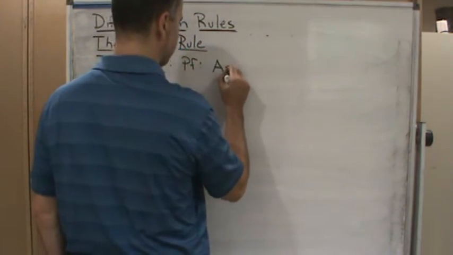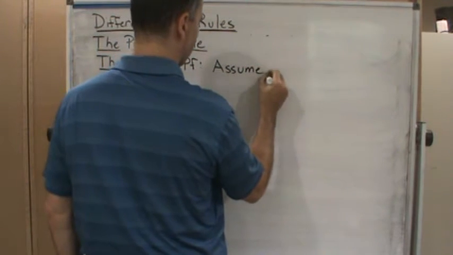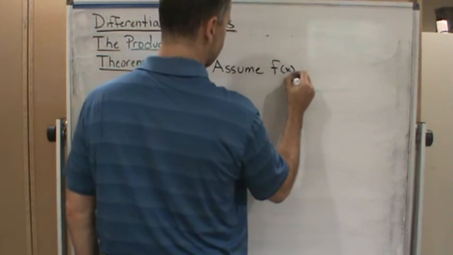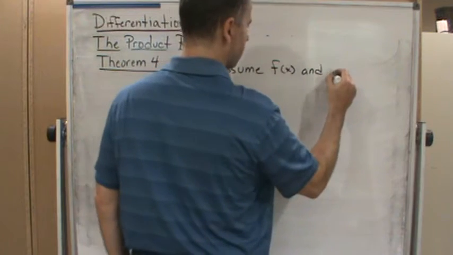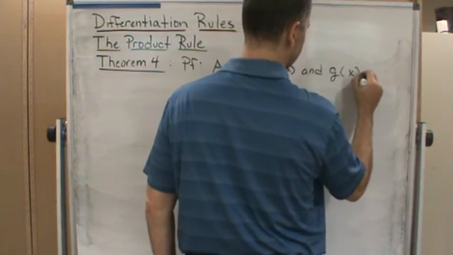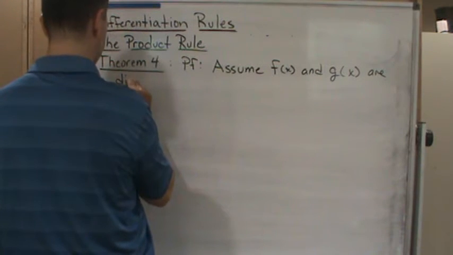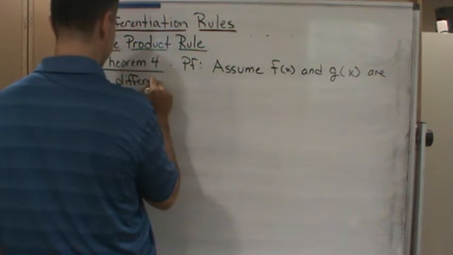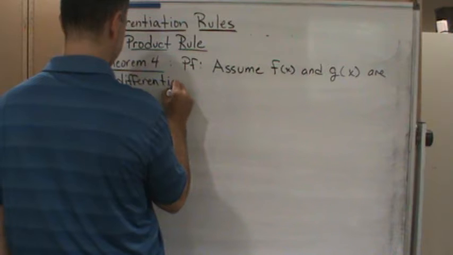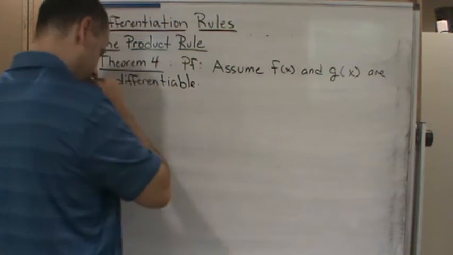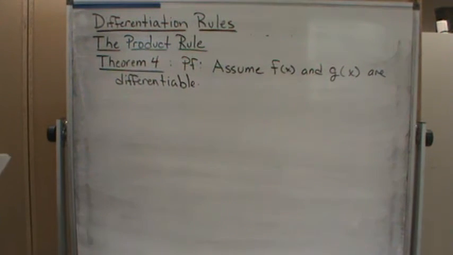So we start with the assumption f of x and g of x are differentiable. Okay, it's important to have that assumption.